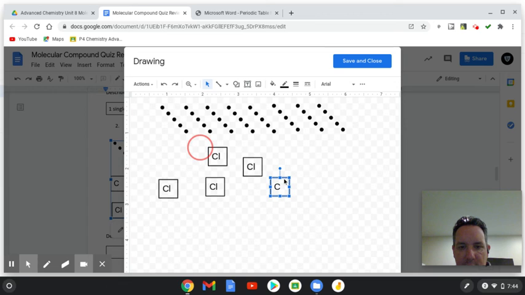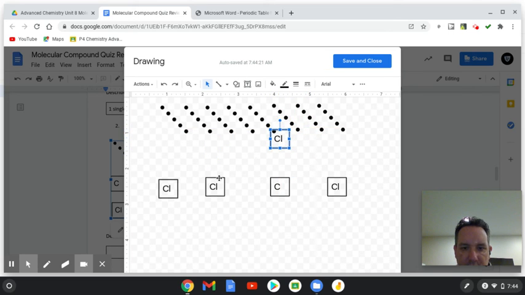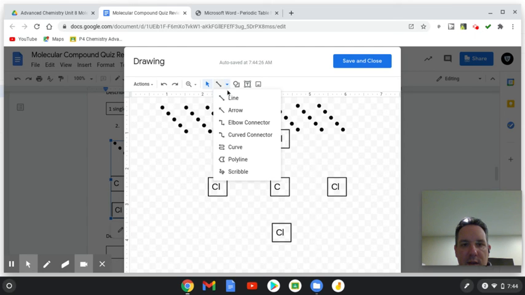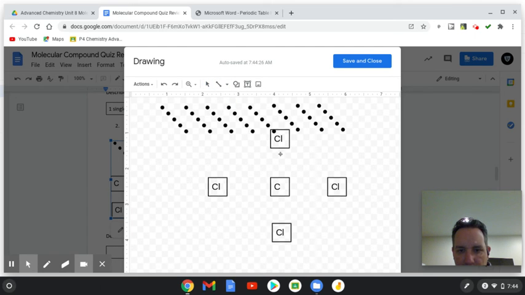So we'd put carbon in the center. We would put a chlorine on each side. Good news is on this drawing we don't need any lone pairs. So we got carbon with the 4 chlorines. We're going to go grab our line tool. I'm going to put a line here. I'm going to put a line here.